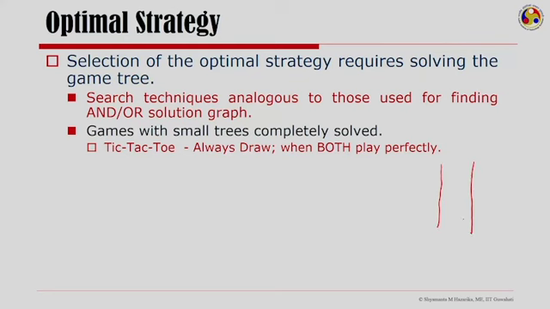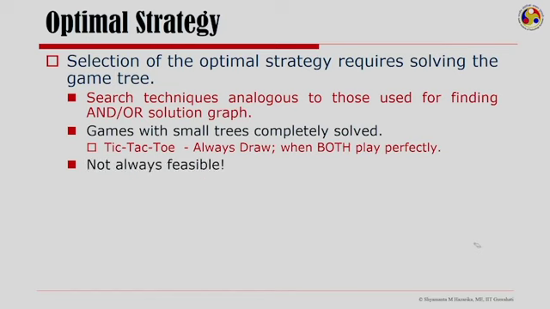You are supposed to create a matrix and you give an x, your opponent gives an 0, thereafter you give an x and your opponent gives a 0, you give an x, and at that point you win the game. So for small games like Grundy's game and tic-tac-toe, we can always ensure a draw when both players play perfectly.